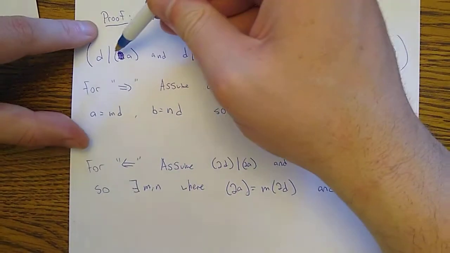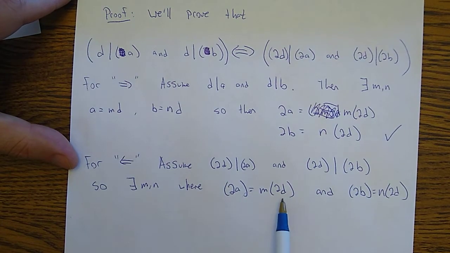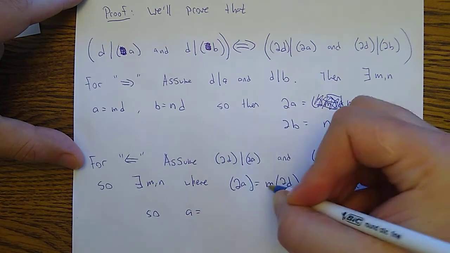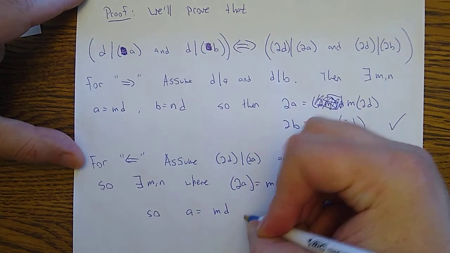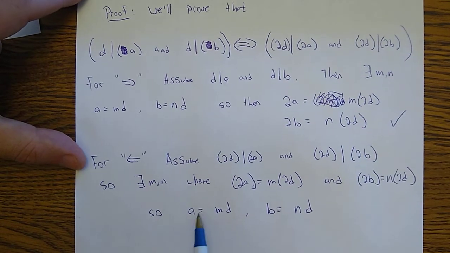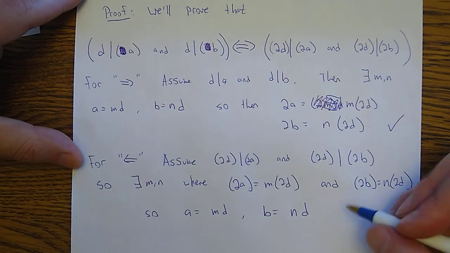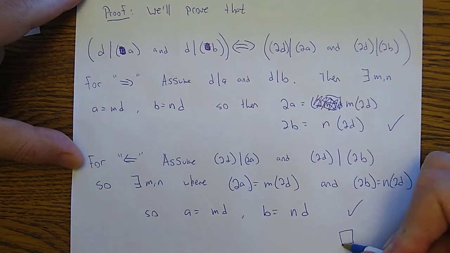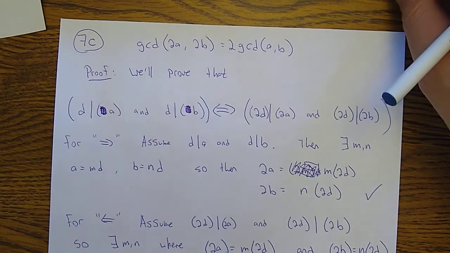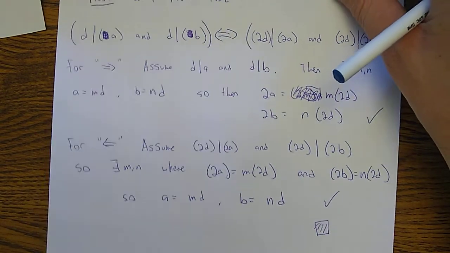And then I just want to show that D divides A and D divides B. But that's easy. I can basically just cancel the 2's. So A is M times D. B is N times D. So D is dividing A and D is dividing B. So that one's true, and we proved it.